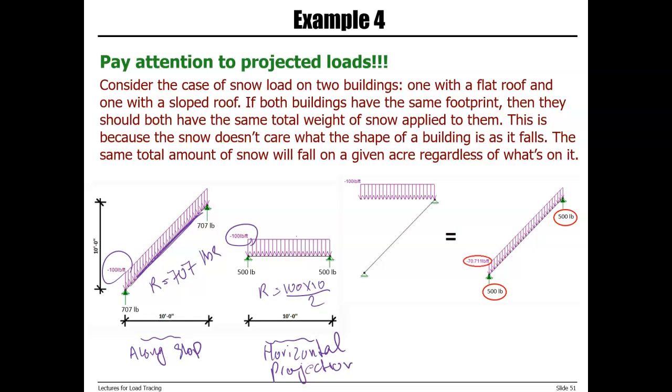You can actually calculate the length. So it's a square root of 10 to the power of 2 plus 10 to the power of 2. But the point is, the weight of a snow should be the same on a flat surface and on a slope surface. So that's why the snow load is normally provided in horizontal projection.